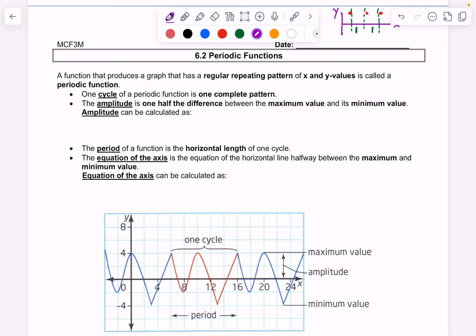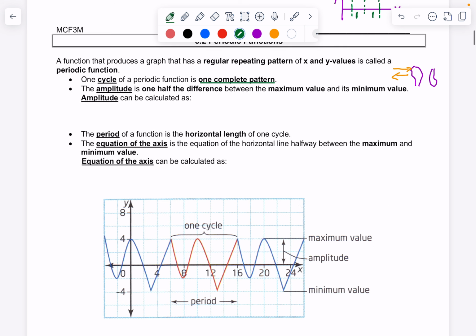When you breathe, your lungs, I'm going to do a brutal job here, will expand out as you take a breath in and get really big, and then you will breathe out and they will go back in to once again breathe in again, okay? So the cycle repeats itself. The cycle is you breathing in, lungs expanding, and breathing out, lungs contracting. That is one cycle. That is one complete pattern.